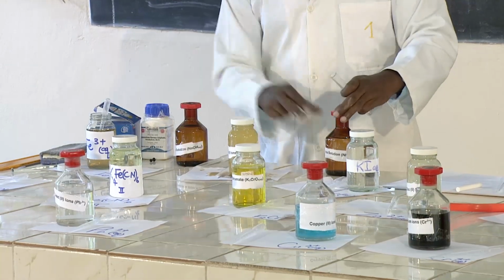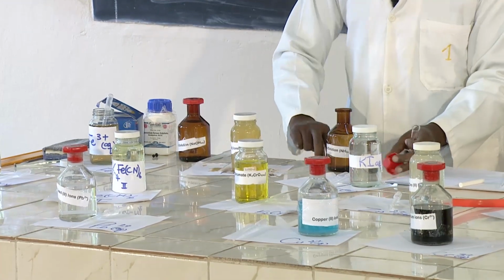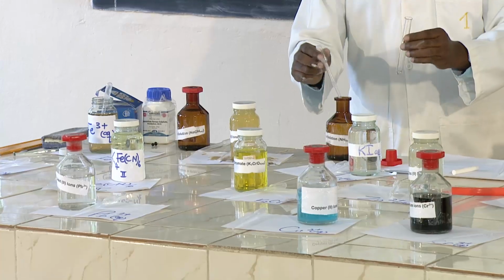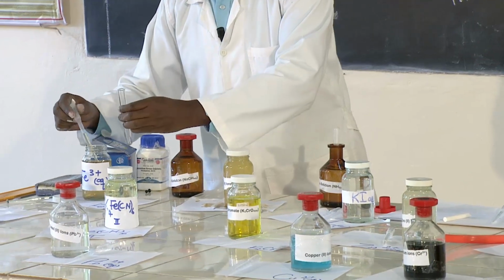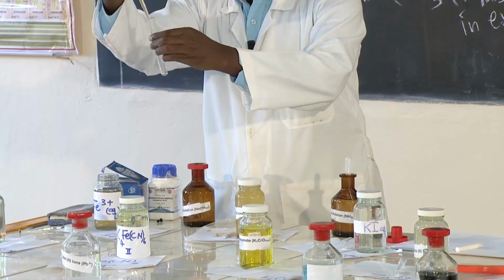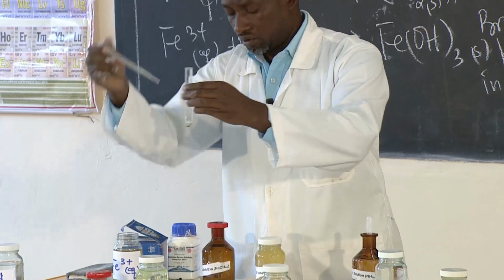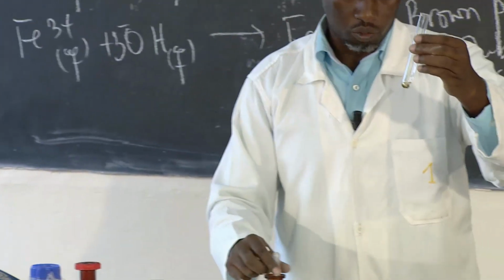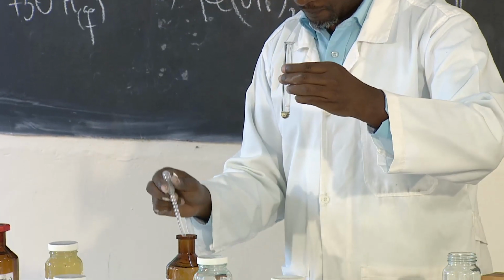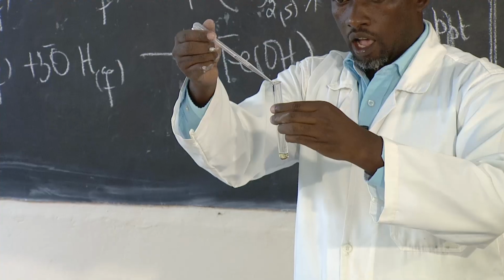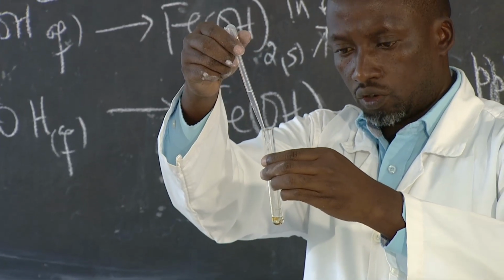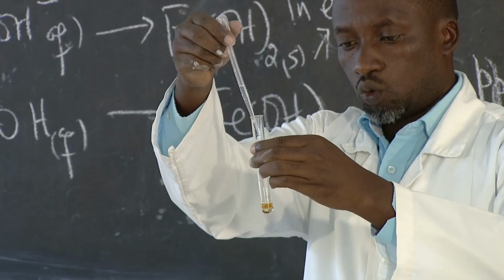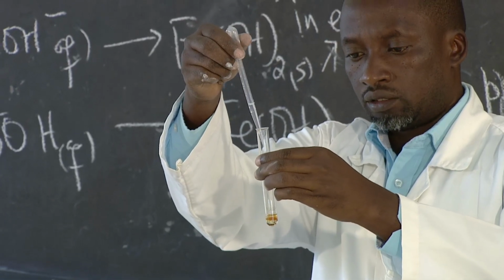So let's look at the effect with the ammonia. We have to start with iron 3. Add a few drops, 2 or 3 cubic centimeters. And then add a few drops of ammonia solution, drop-wise. This is what we call drop-wise.